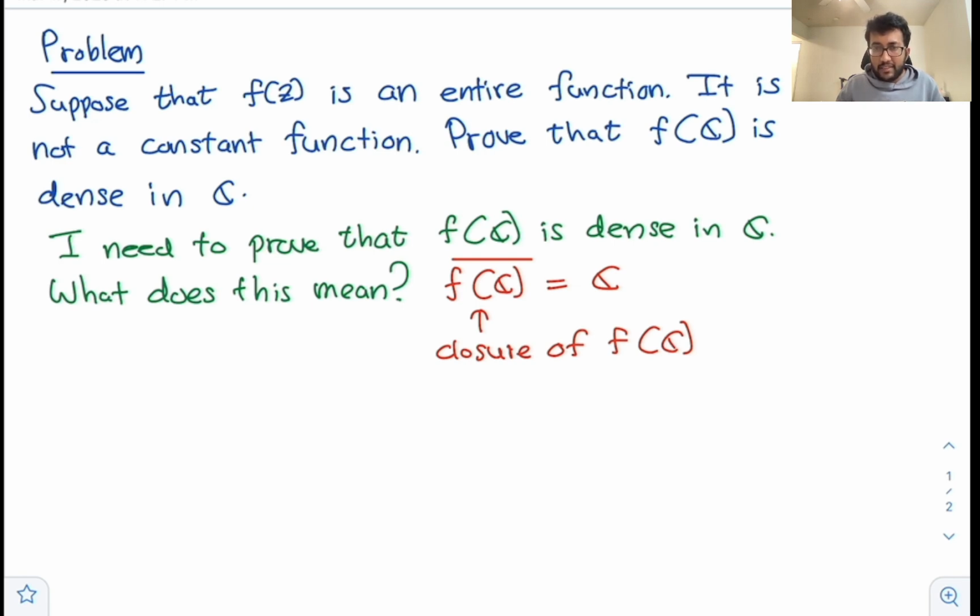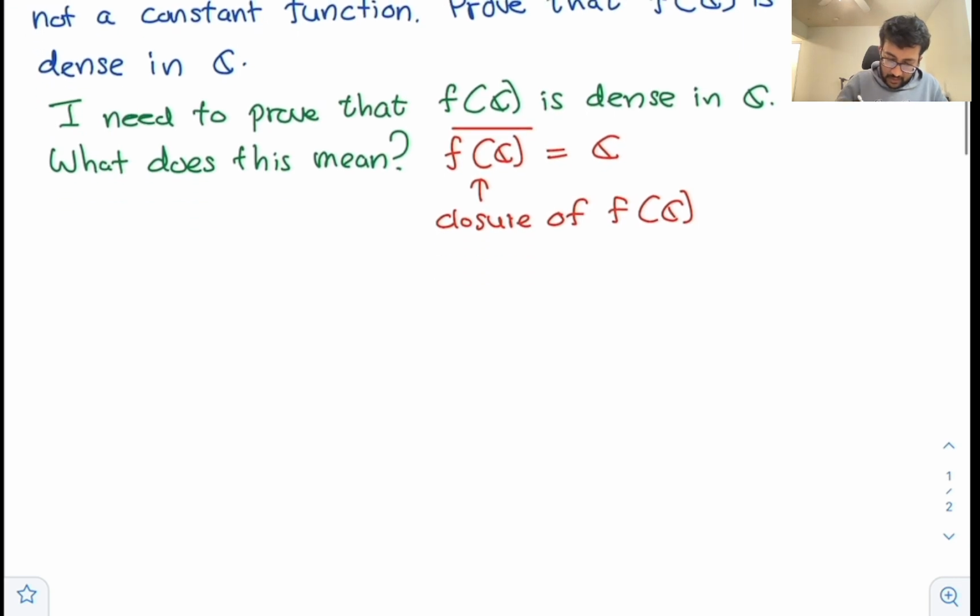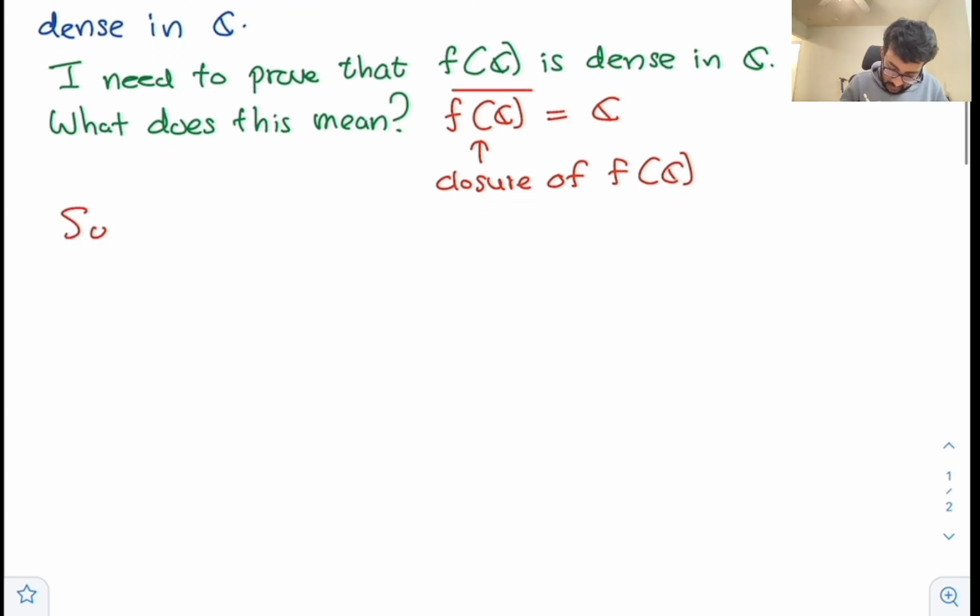What is the definition of the closure? Suppose I have some point w in my closure. Suppose w is in the closure of f(C).